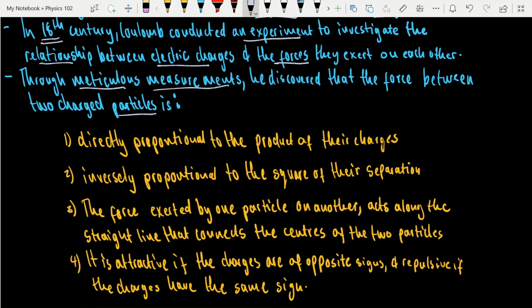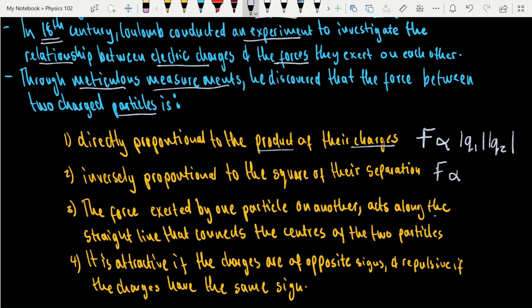He found out that this force, point number 1, is directly proportional to the product of the charges. The force between 2 charges is directly proportional to the product of the charges. So we would say the force is directly proportional to charge 1 times charge 2, the product of the charges, and inversely proportional to the square of their separation.